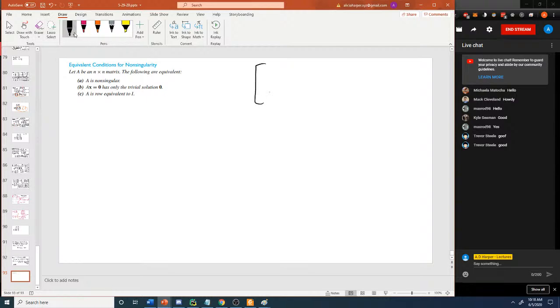So we're going to look at the augmented matrix A bar 0, and we can perform Gauss-Jordan elimination. And if you recall, this is exactly what we do when we're trying to solve a linear system.